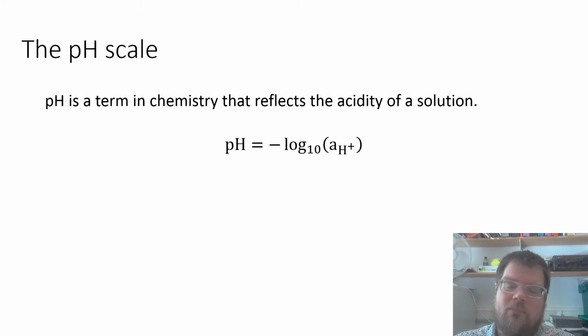Actually, when looking at pH or acidity in solutions like seawater, because the ionic strength is so high, it is a little bit more complicated. But for the purposes of our lectures, we're just going to be concerned with hydrogen ions, and we're going to ignore the term activity and just assume that activity and the concentration of hydrogen ions are the same.